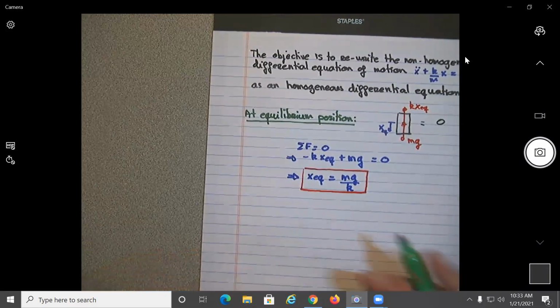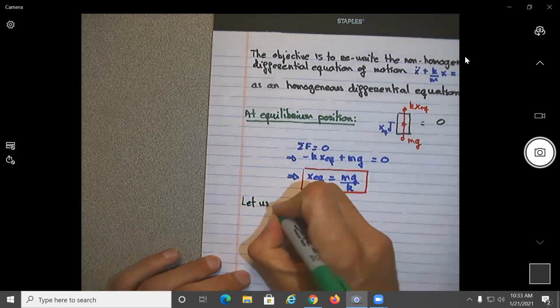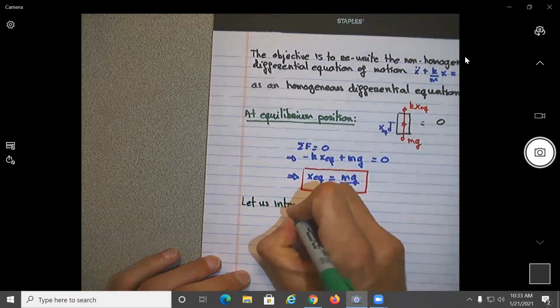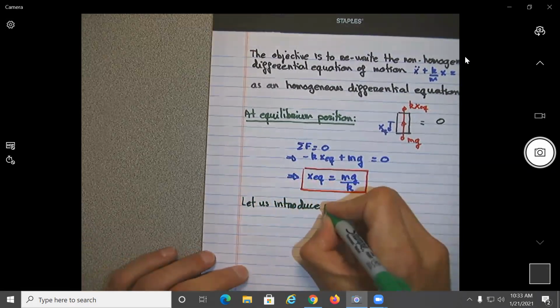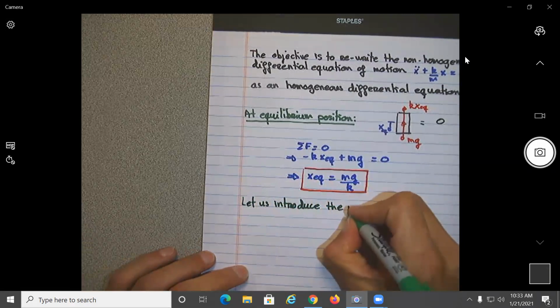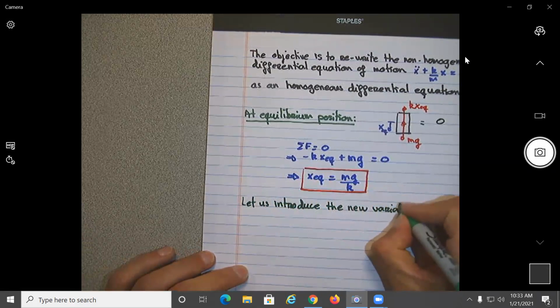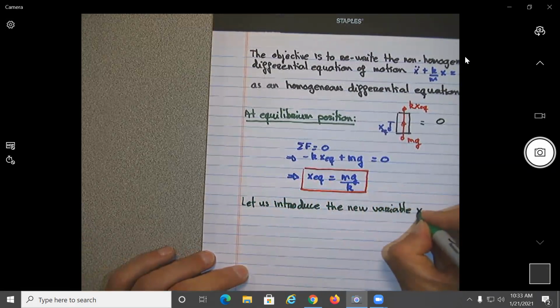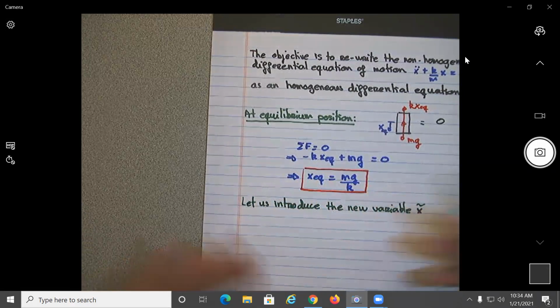Okay, so now comes the trick. That is, let us introduce the new variable, and let's call it x, whatever you want to call it, squiggly bar on top. You can call it whatever you want.